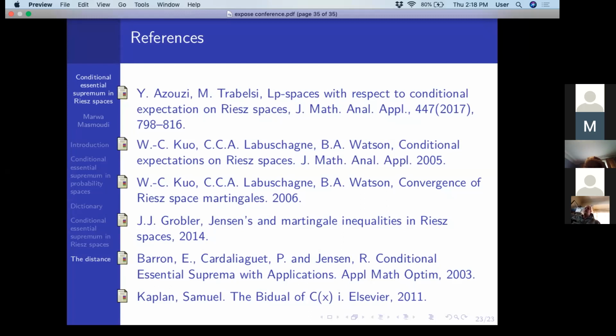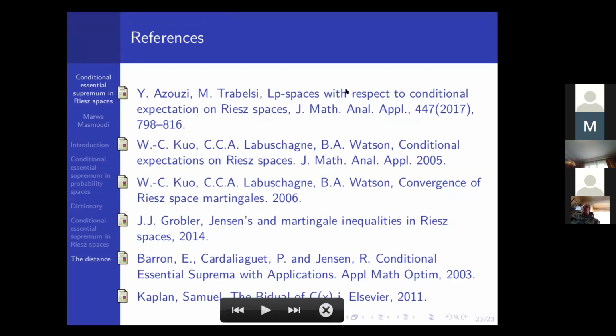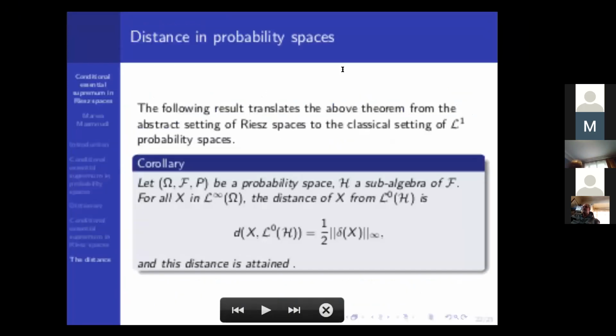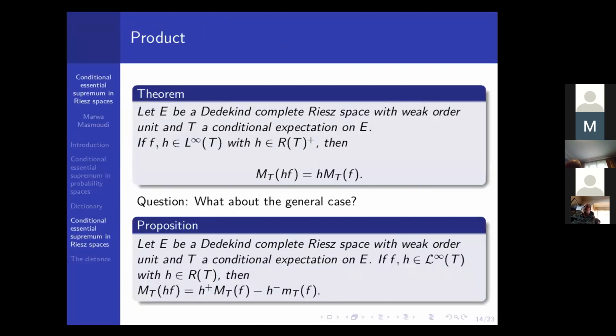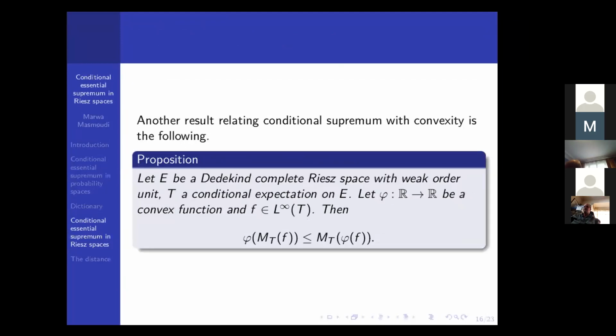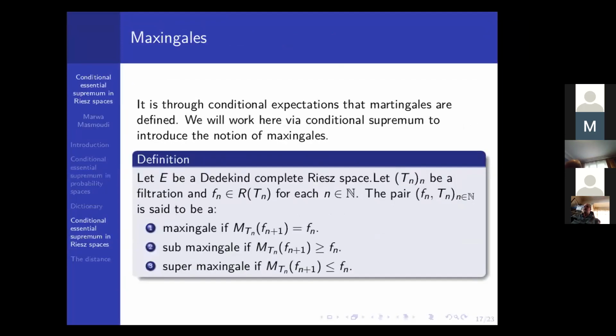So when you take your Maxingales from Riesz spaces back to an LP space, do you get more out of it than you would have from the classical theory, or do you get back just exactly what you got from the classical theory? Can you repeat your question, please? You've extended Maxingales to the Riesz space setting.